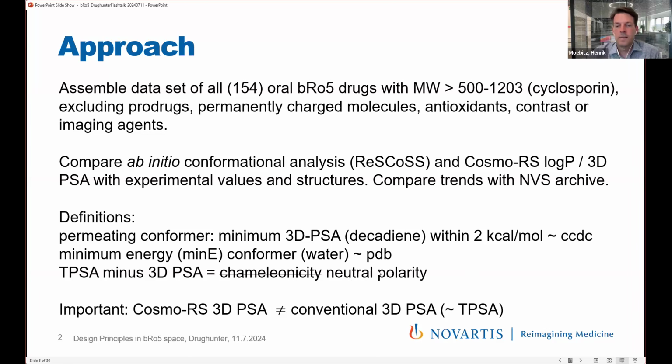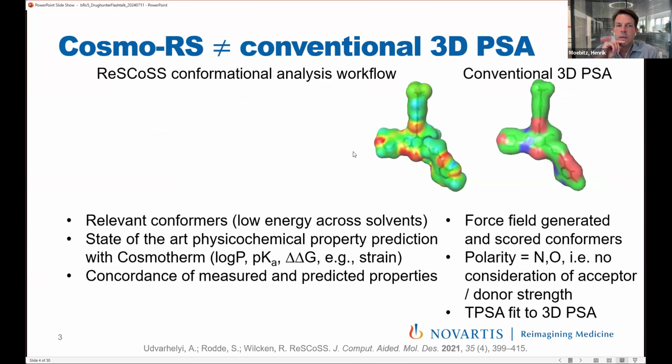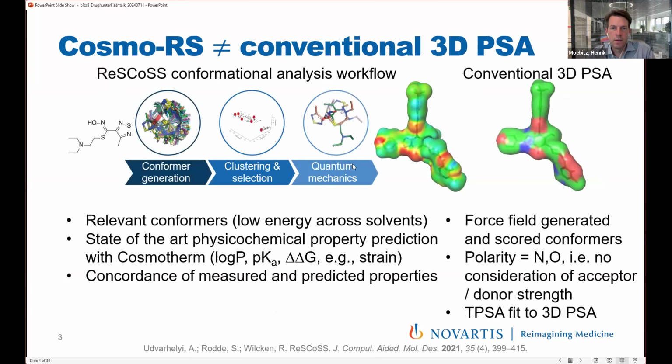And on the next slide, let's briefly compare, and maybe you have to click again. Okay, let's briefly compare the COSMO-RS generated 3D PSA and also logP with conventional 3D PSA. So the RESCOS workflow is a workflow that my colleagues Anniko Udvarhelyi and Rainer Wilken, together with Stefan Rode, developed.